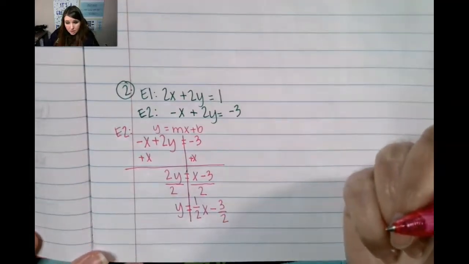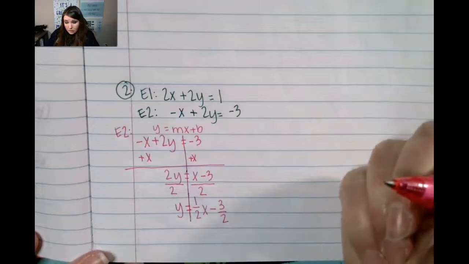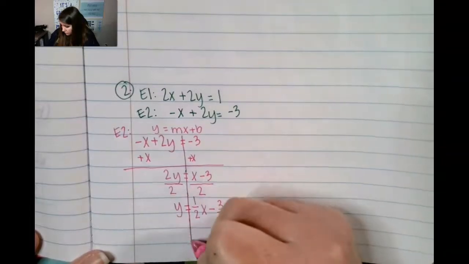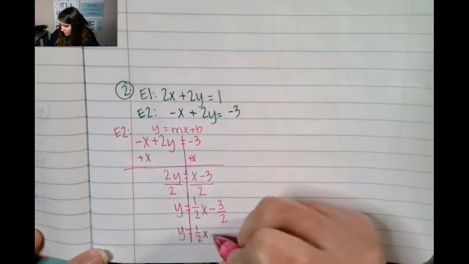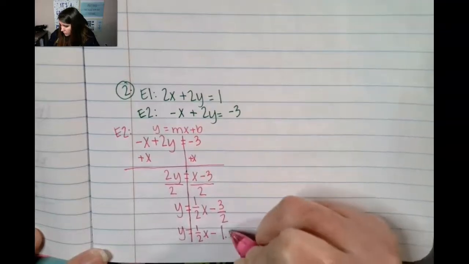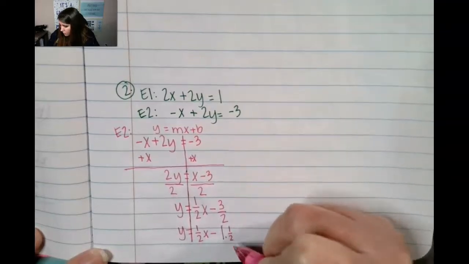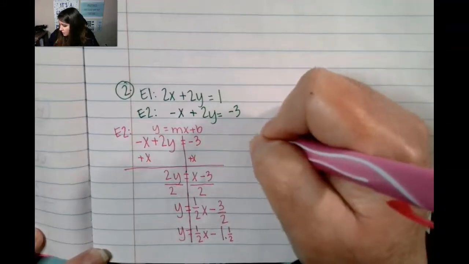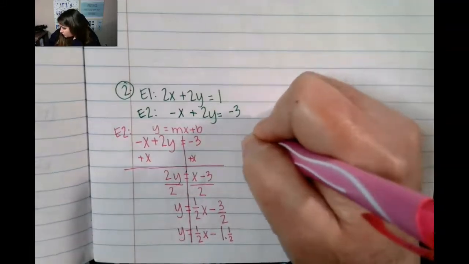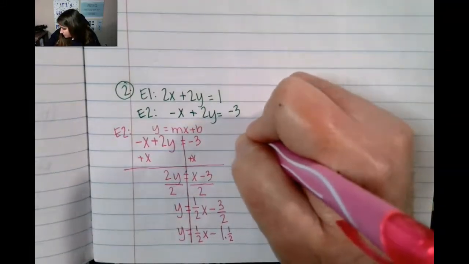Okay, so we could make that 1/2 x minus 1 and 1/2, or 1.5. Okay, so now we're going to put this into equation 1.